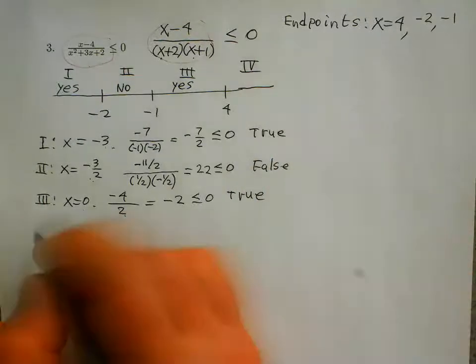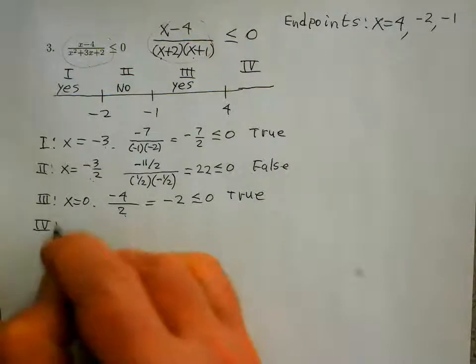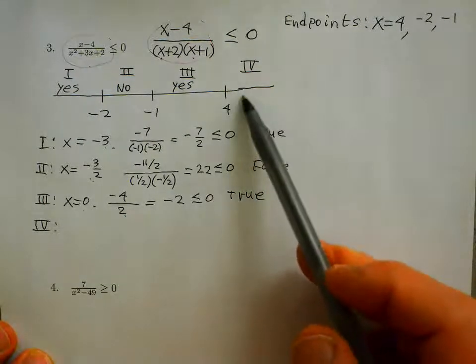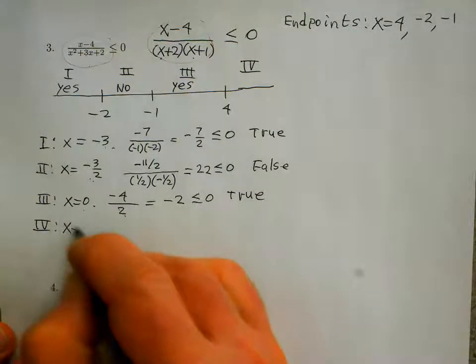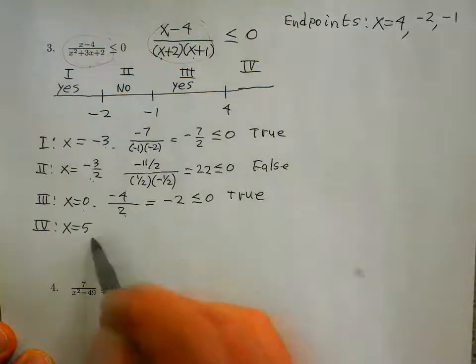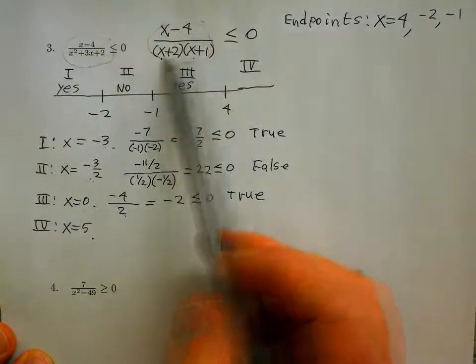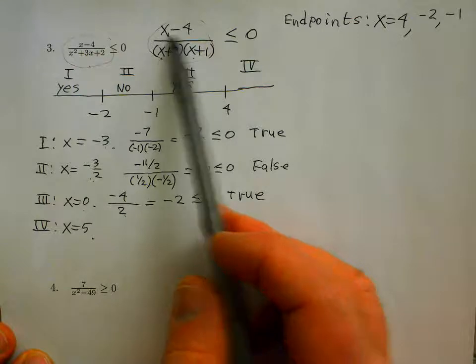And finally, in the fourth interval, pick any number you want that's greater than 4. So let's pick 5. And I'll go back to the factored denominator. In the numerator, 5 minus 4 is 1.